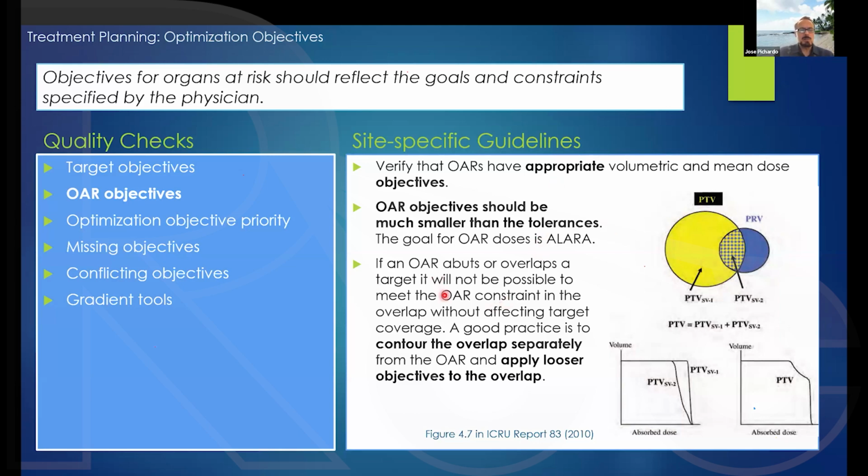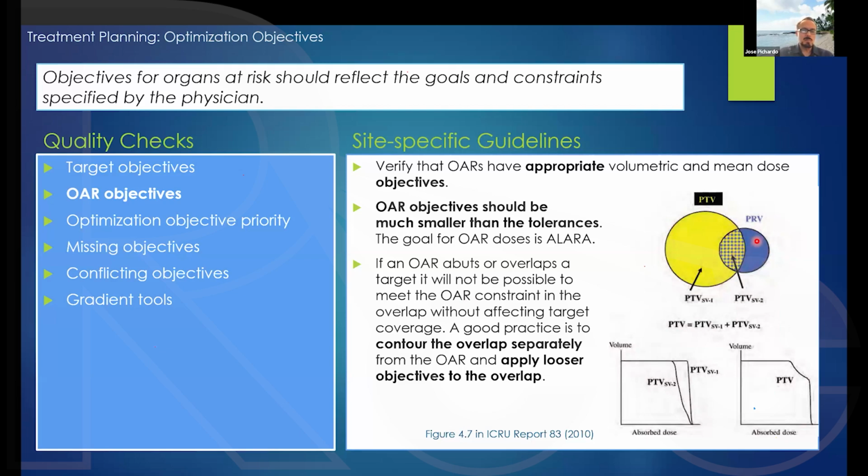Now, this is important. If you have an organ at risk that is abutting, which means it's next to, or it overlaps a target, you're not going to be able to meet the constraint. It's not possible, right? Because you have to treat the PTV, right? So this area of overlap between your blue circle, which is your organ at risk, and your PTV is going to get full therapeutic dose.